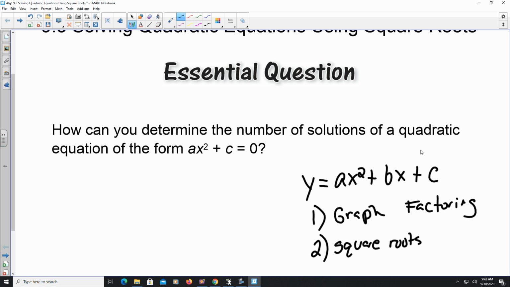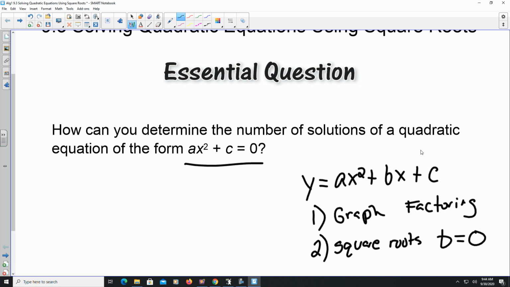Now, factoring, that method works as long as you have a trinomial that you can factor. When you look at square roots, there are stipulations here as well. The only way you can use square roots is if b equals 0. So if you notice here, you have ax squared plus c.